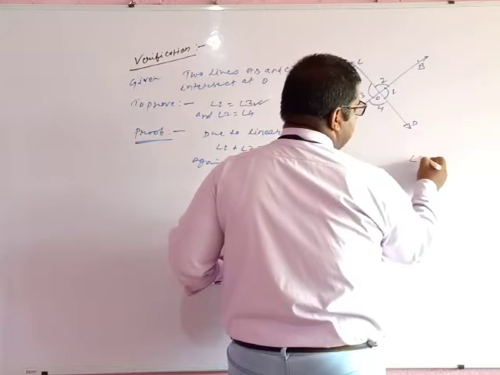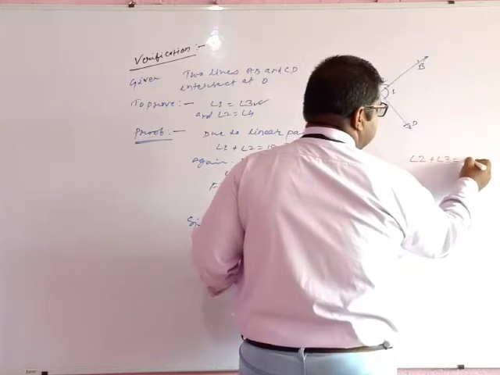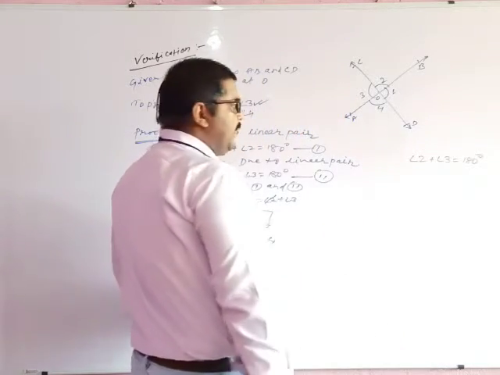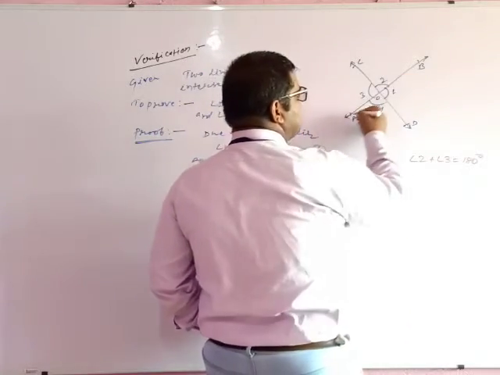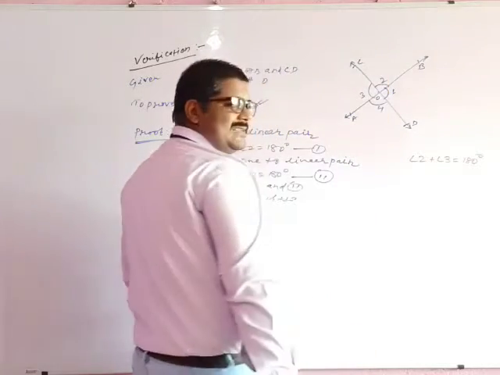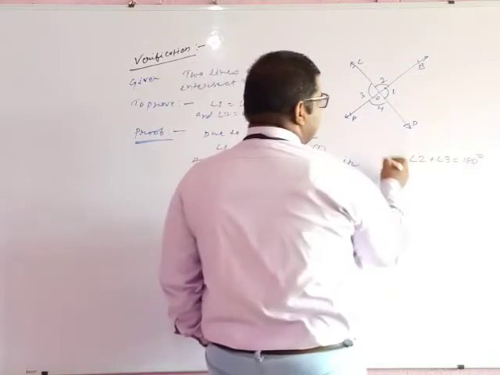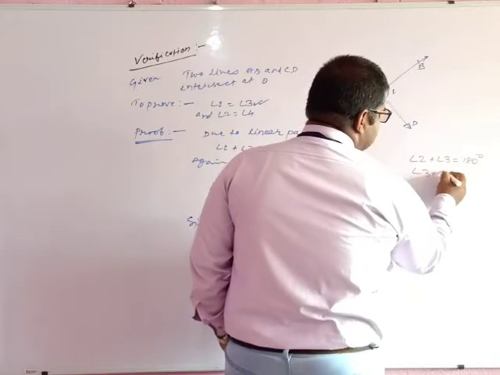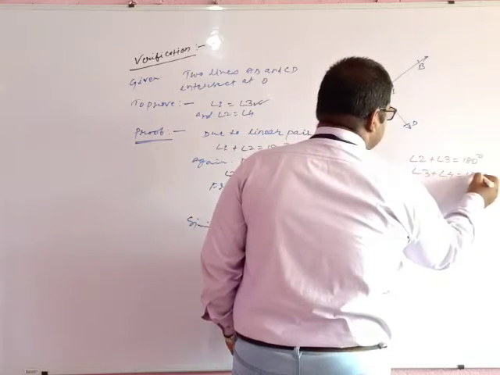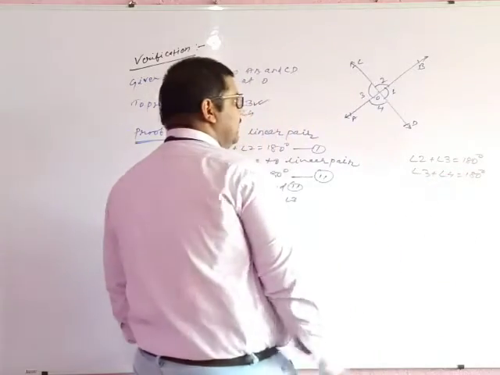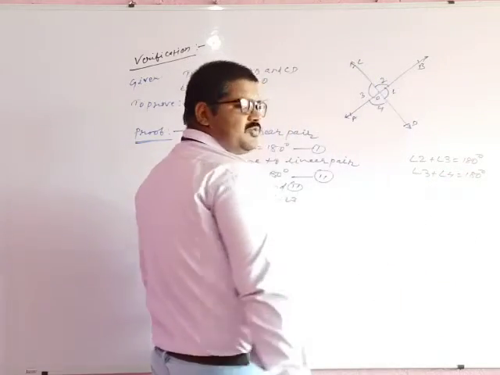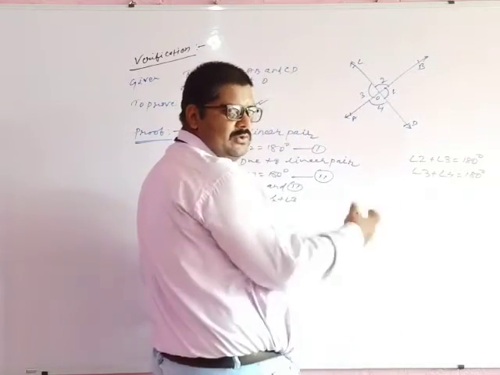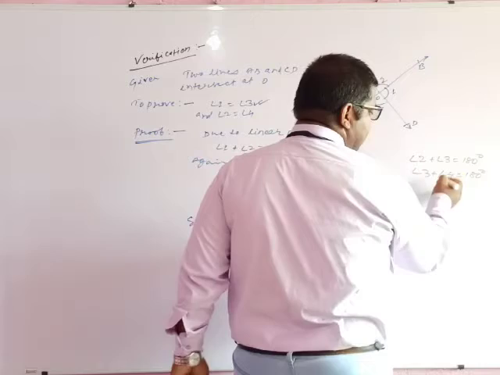You know that angle 2 plus angle 3 is equal to 180 degrees, and it is due to linear pair because AB is a straight line and OC stands on it. And second, angle 3 plus angle 4 is also equal to 180 degrees because CD is a straight line and OA stands on it, due to linear pair.